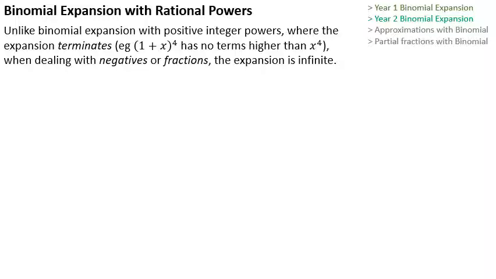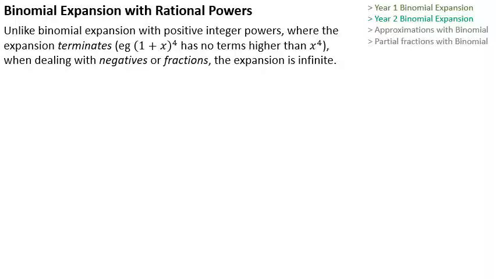Now, one thing that we recognize as soon as we start calculating these expansions is that they never end. So if we were doing an ordinary binomial expansion with 1 plus x to the power 4, we never get any terms greater than x to the 4. We'll get a constant term, we'll get an x squared, an x cubed, an x to the 4. We won't get an x to the 5 term.